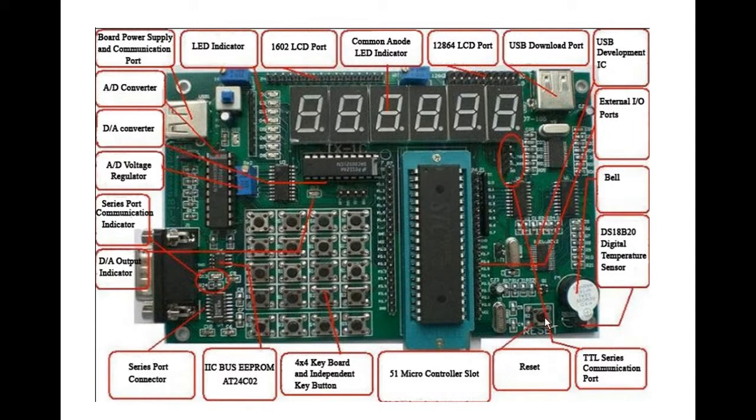Alright, this is a reset button, and just beside the reset button we have another oscillator. This oscillator is a little funny because its frequency is 11.0592 megahertz. I will tell you why we use such a strange oscillator here.